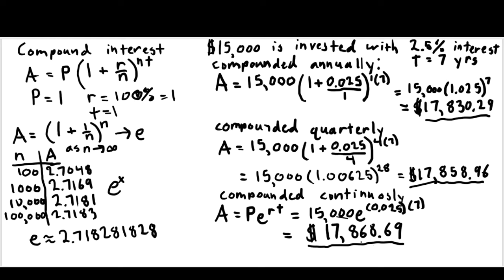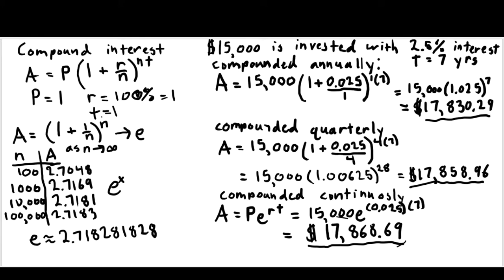This represents the absolute maximum that you could possibly make with this account. With 2.5% interest for 7 years, your $15,000 would never grow bigger than this amount, regardless of how many times you compound. It represents asymptotically the top ceiling of how far that could grow.